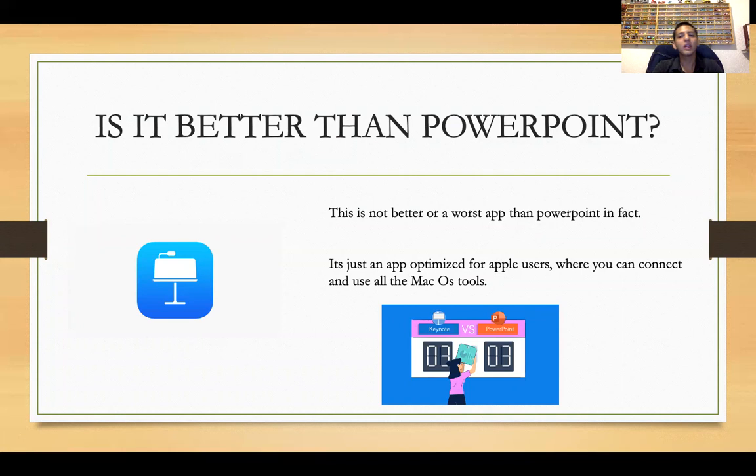The answer is no. And it is useful in different ways because Keynote was made for the Mac OS system, that is the program that the Apple system uses, and it is optimized for Apple users. So you can connect and use all the macOS tools like iCloud, and it has the main tools that Apple uses to manage the apps, like the facility that it can be useful for everybody.